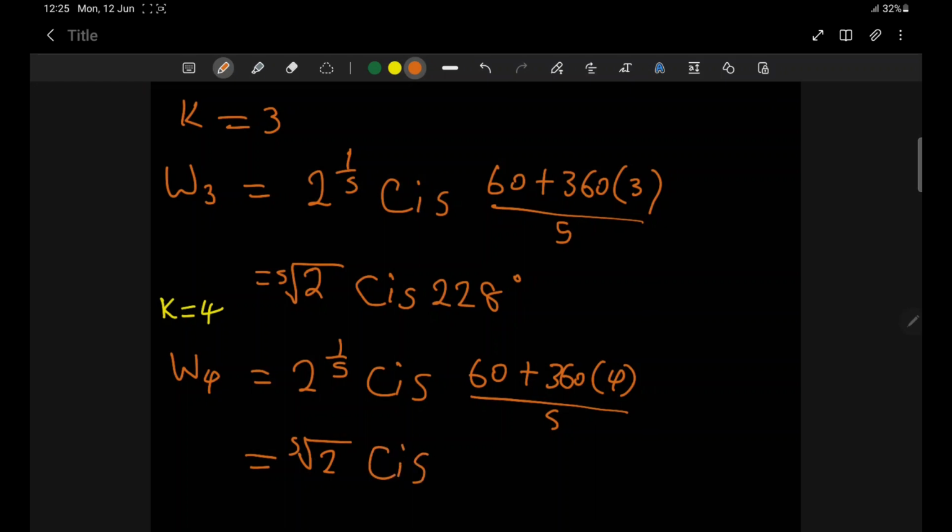Then cis, so 360 times 4 will give us 1440 plus 60 will have 1500. Divide by 5 will have 300.